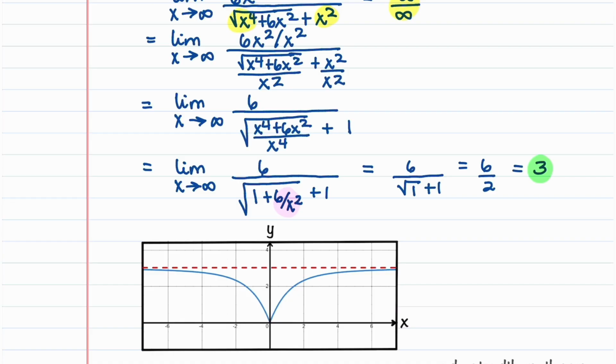I've graphed this function down here at the bottom so that you can see that as x gets really large or really small, our function is going to go to the value of 3. Notice in the graph that there is also a horizontal asymptote at y equals 3. Limits at infinity lead to horizontal asymptotes, and that's exactly what we're going to look at next.